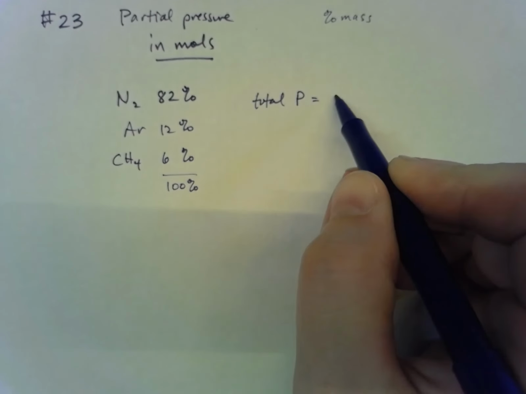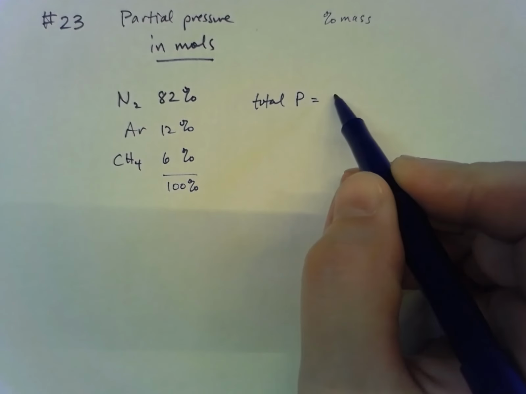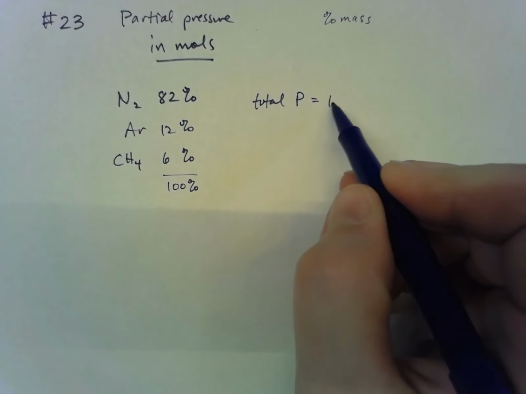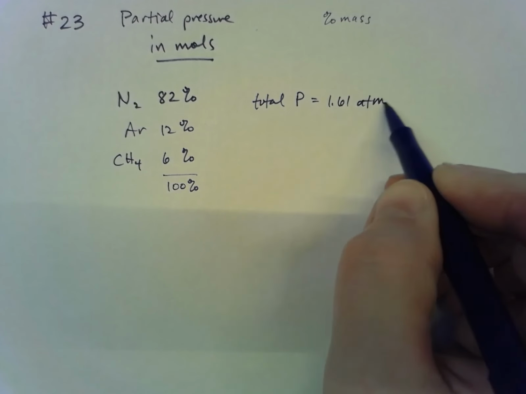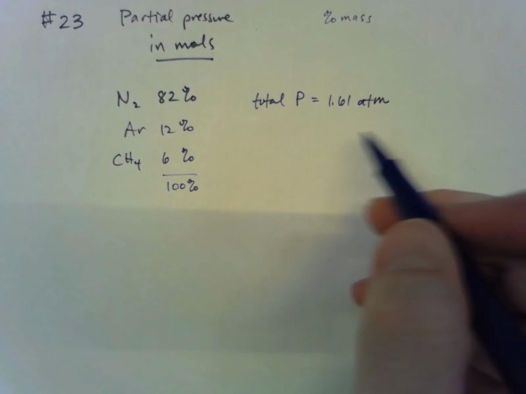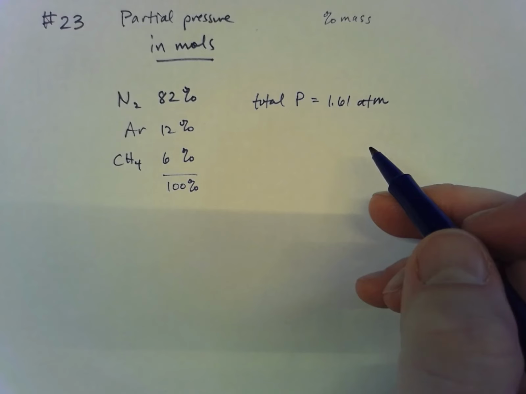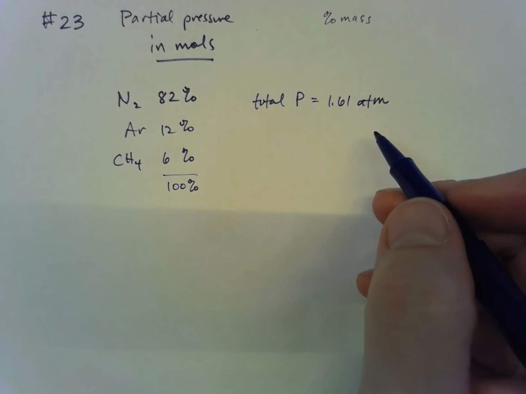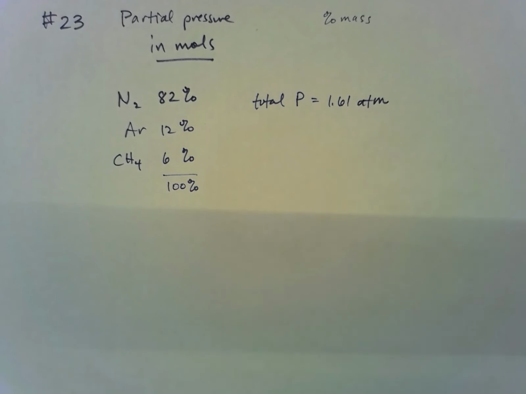All right, so total pressure is 1.61 atmospheres. And this could be anything. That could be millimeters Hg, that could be kPa, it could be Pa, whatever. It doesn't matter. All right, so we want to determine the partial pressure.